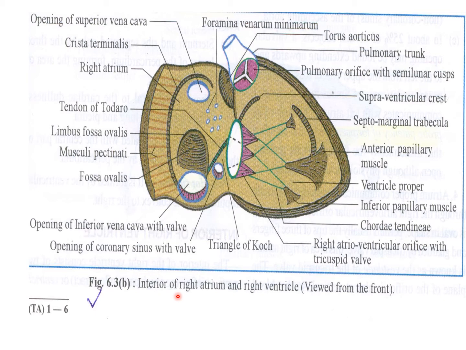These two parts are separated by a smooth muscle ridge, the crista terminalis. Here you can see the crista terminalis. This ridge separates the anterior part and posterior part. The anterior part is rough and the posterior part is smooth.